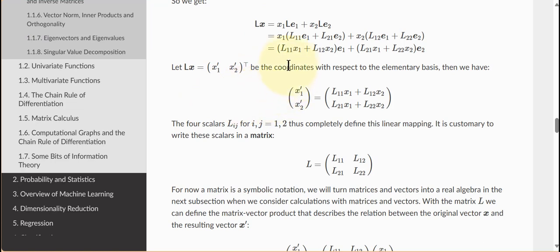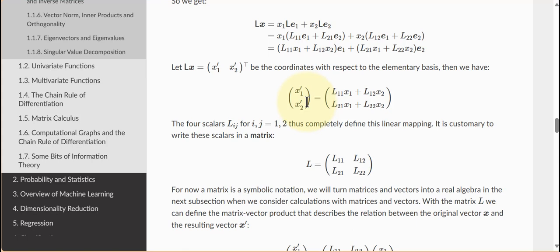So what we're saying is if we knew how this linear mapping works, that is, if we knew what these numbers are, then for any given coordinates for our initial vector, x1 and x2, we could just plug that in here. And if we knew L11 and L12 and L21 and L22, then we could figure out what the new coordinates are.